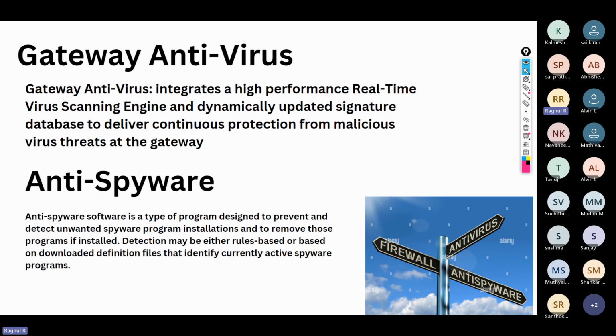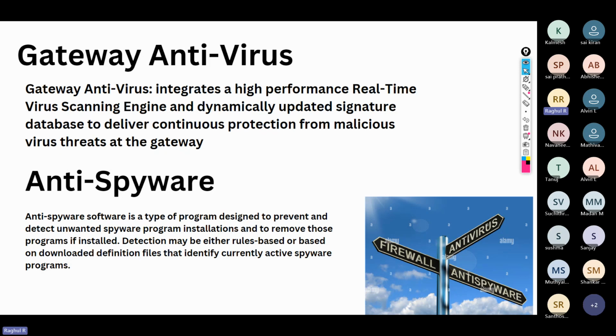It also uses signatures, so signature based scanning comes under here. It will fetch all the signatures from a database to deliver continuous protection from malicious virus threats. At the gateway level, the data will not come to your system if the data is malicious.